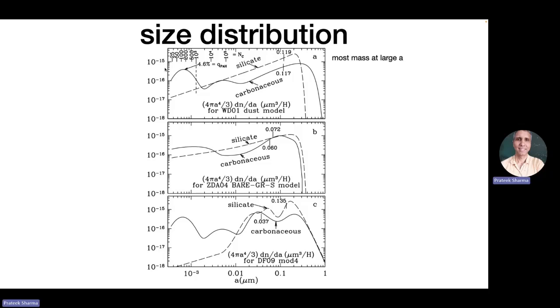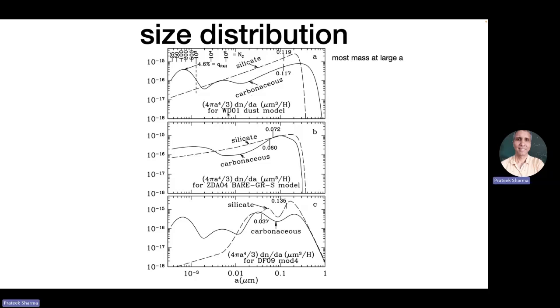So if you had a flat line like this, you had equal mass or volume across grain sizes. But here you see that it sort of increases. What it means is that most of the volume or most of the mass is in large dust grains, about 0.1 micron. But most of the area is covered by, or most of the absorption is due to small dust grains.